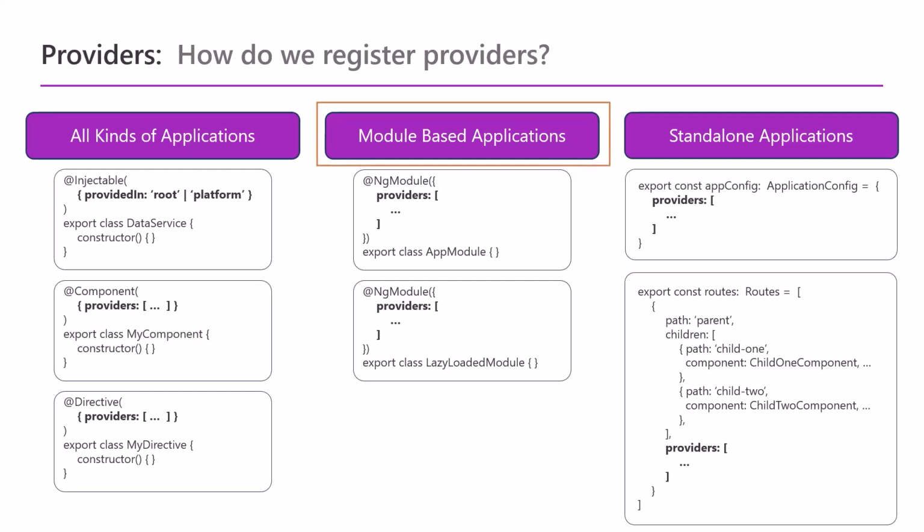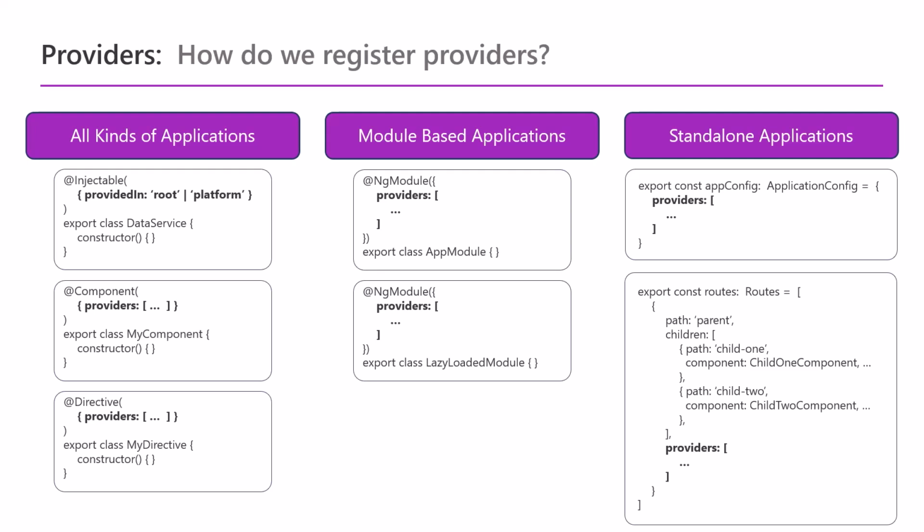We can create a module-based application which uses NgModules in its construction, and there's the standalone application, which has been available since Angular version 14, and that uses both an application config object as well as routes to construct its various parts of an application.